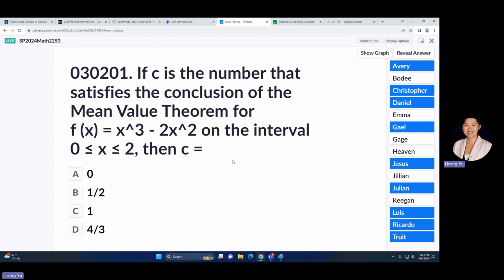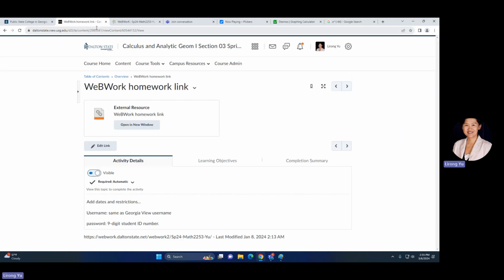Anyone else? Right, so the answer should be D, 4/3. Are there any other questions?